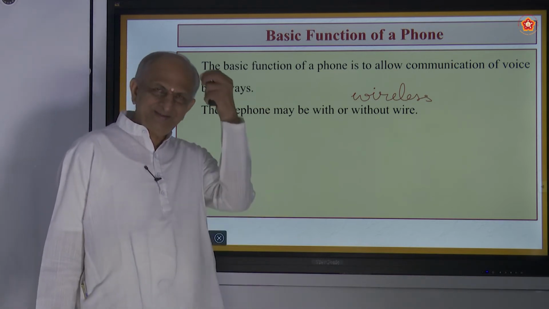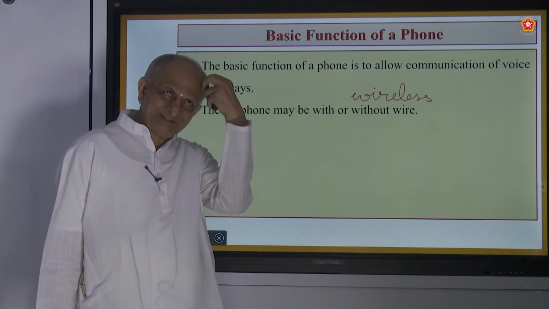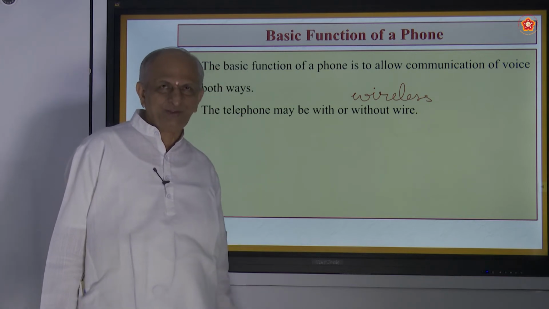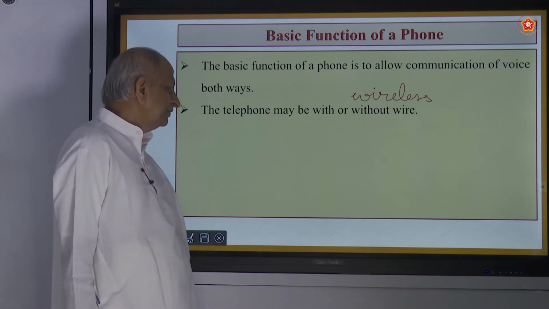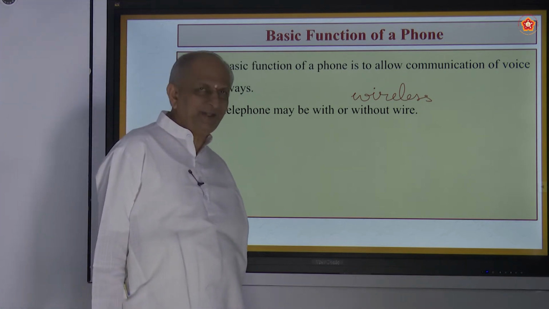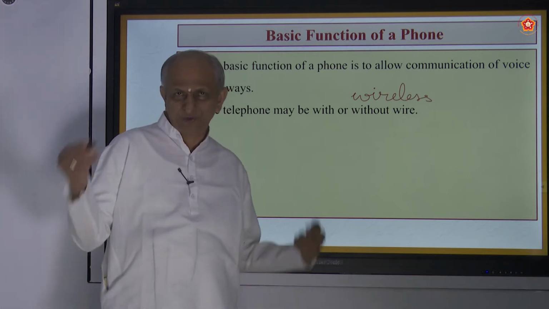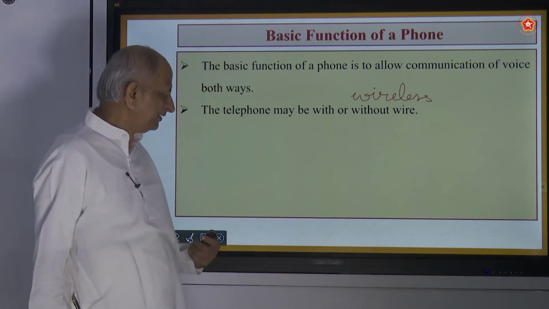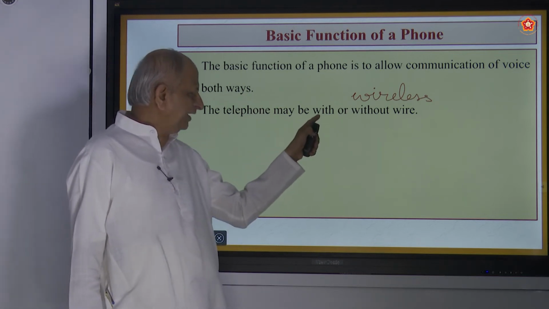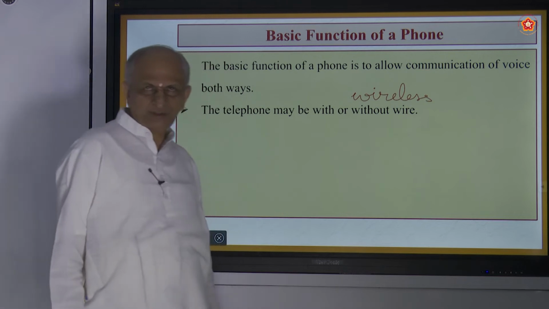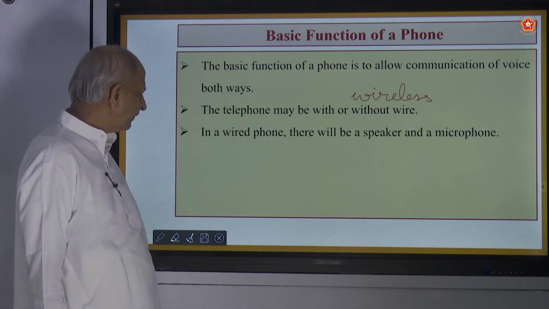Even in India it has crossed, I think, around 30 to 40 crores of people, because it is one of the easiest ways of communicating. So many things are possible with it, which you will study next. In earlier days it was with wire. Nowadays you have it without wire.